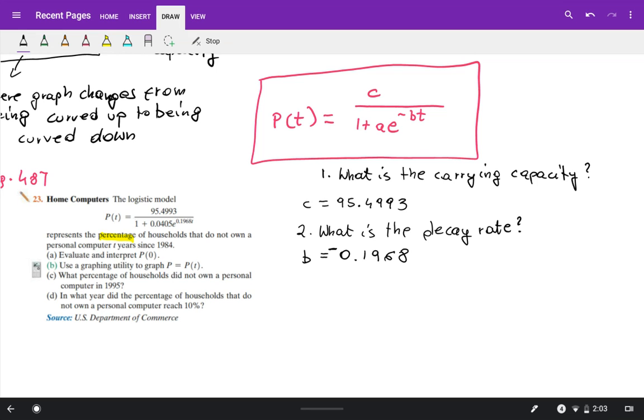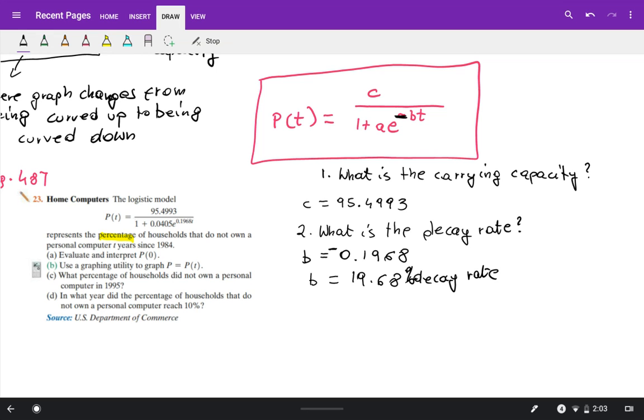You can change that to a percentage, which is 19.68 percent decay rate. Why did I put B as negative? First of all, I know it's a negative model, but don't forget that our original function has a minus here.